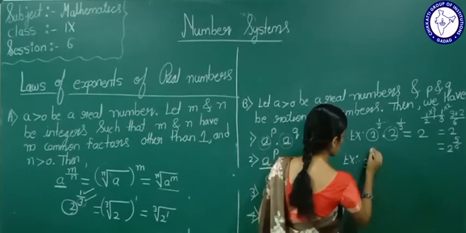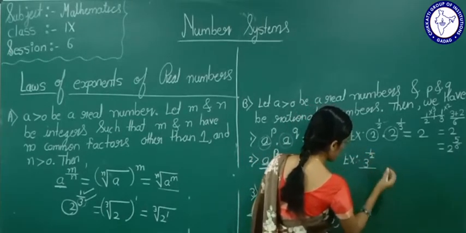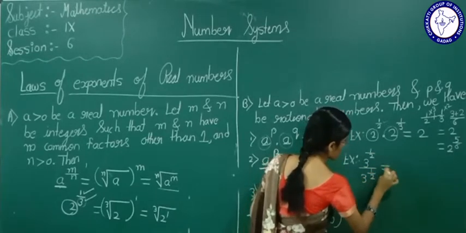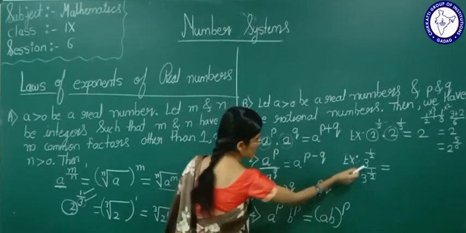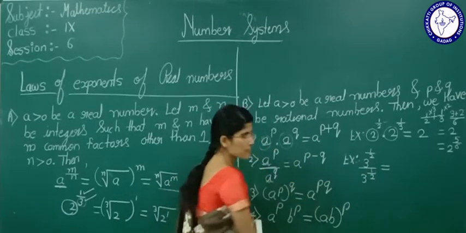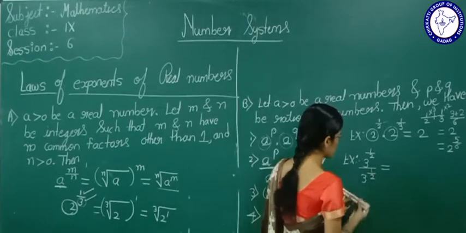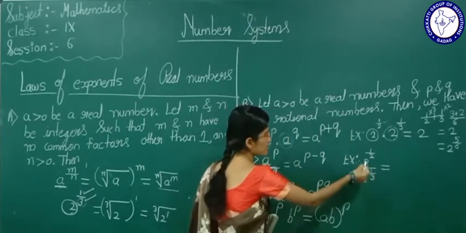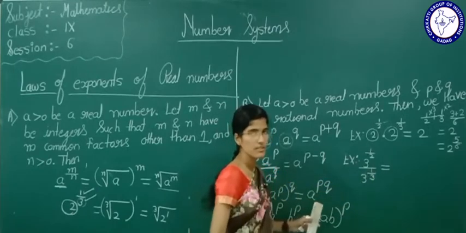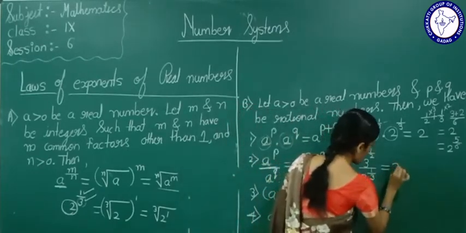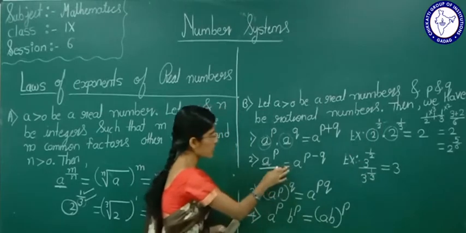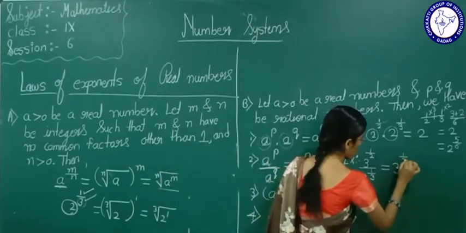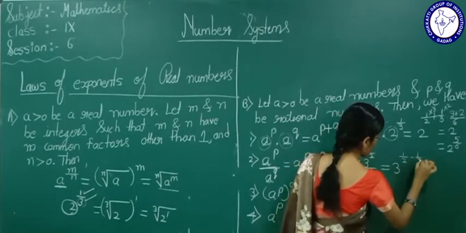So 3 raised to 1 by 2 divided by 3 raised to 1 by 3. Now see here, the base is same, the indices are different. That is nothing but, using this law a raised to p minus q, 3 raised to 1 by 2 minus 1 by 3.